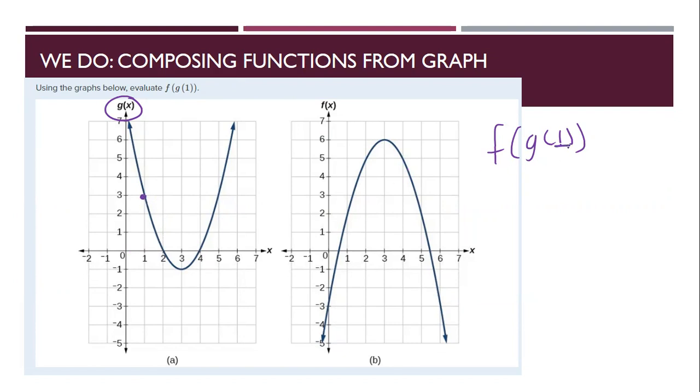I go to 1, I get 3. Value here is 3. So that leads to f of 3. And now I go to 3, but on which graph? f. So I go to 3 and I go up on f and I get 6. So the answer is 6.